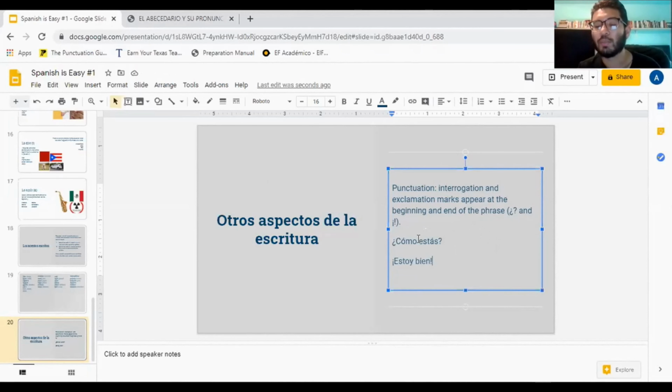Just to keep in mind, so that whenever we read or whenever we write in this language, we understand those differences. So that pretty much brings to an end this lesson about the alphabet and the pronunciation in Spanish, with a specific emphasis on those letters and those aspects of the Spanish language that are different from what we are used to in English.